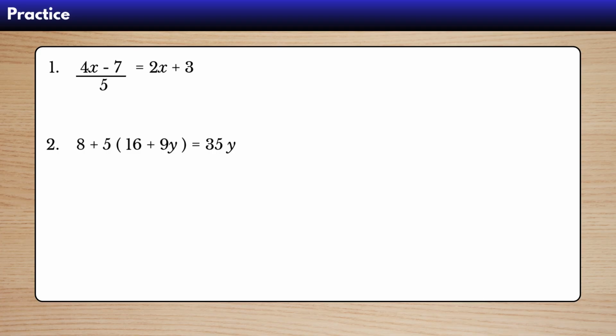I will reveal the solution in 5, 4, 3, 2, 1. The solution to equation 1 is x is equal to negative 11/3. Now consider equation 2. 8 plus 5 times the quantity 16 plus 9y is equal to 35y.